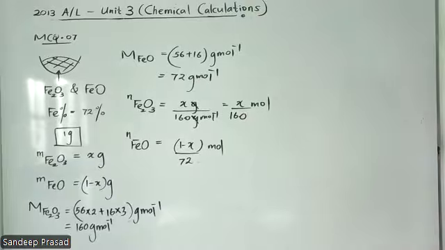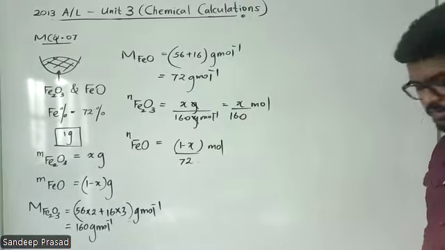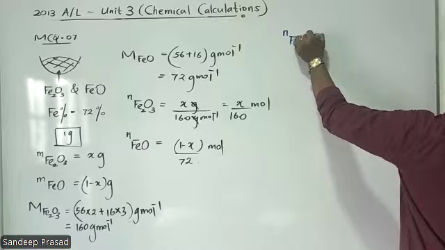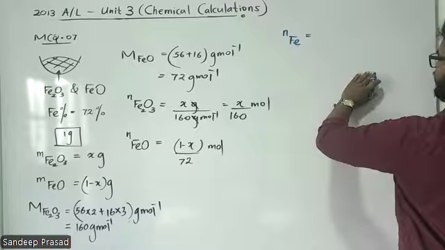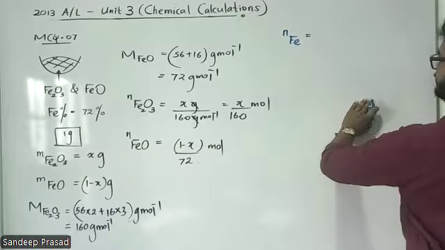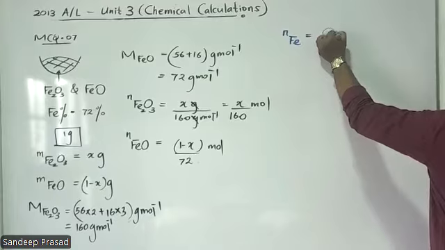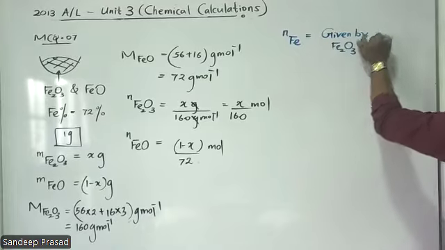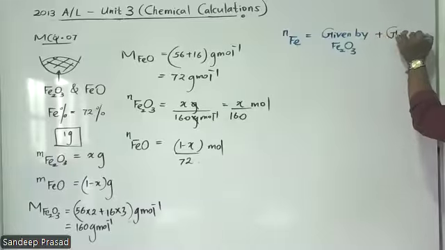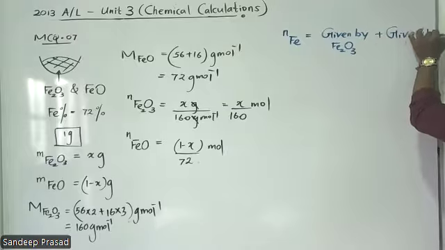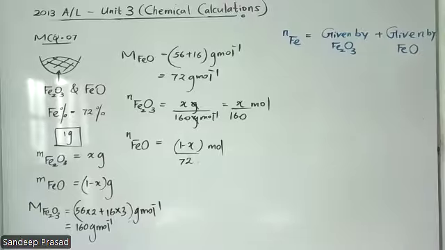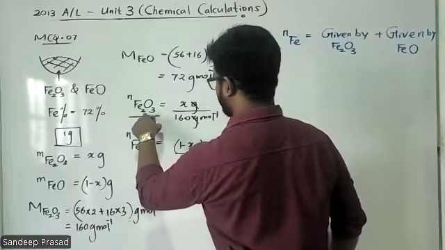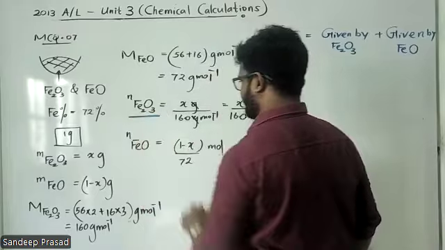Right? Got it? Now I can find out the total iron moles. Total iron moles is given by Fe2O3 and by ferrous oxide. We know that in ferric oxide, there are 2 iron atoms per 1 molecule.